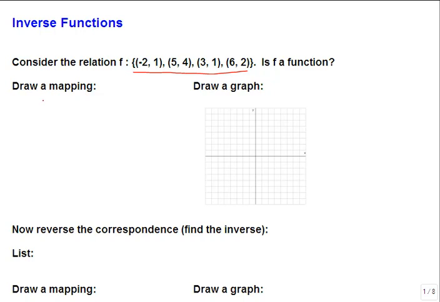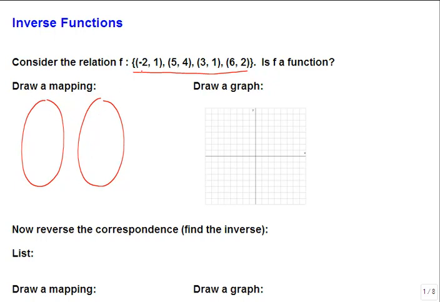So a mapping diagram consists of two great big circles, and it just is a nice physical way of representing what's going on between our points. In this first circle are going to be our x values, in the second circle are our y values, and we're going to show arrows that connect the x value with its corresponding y value.